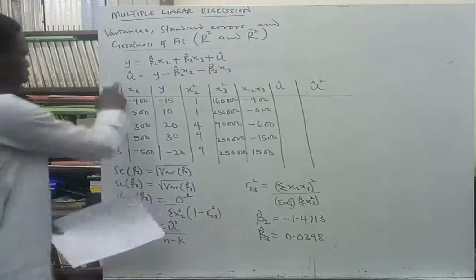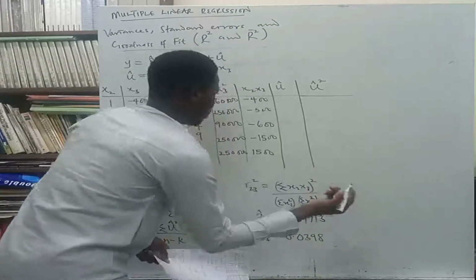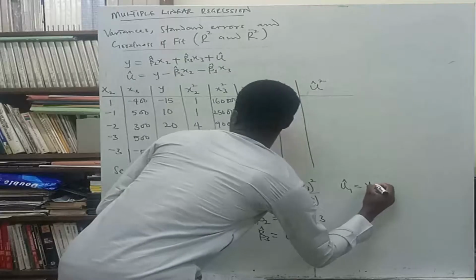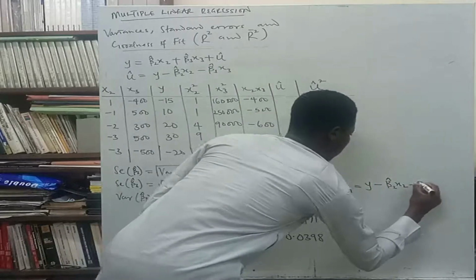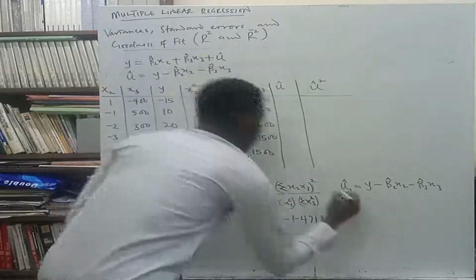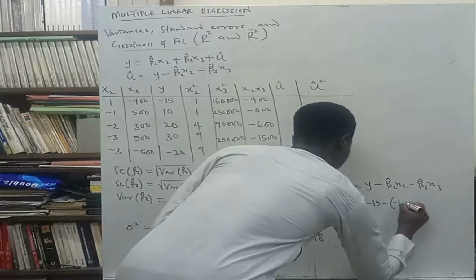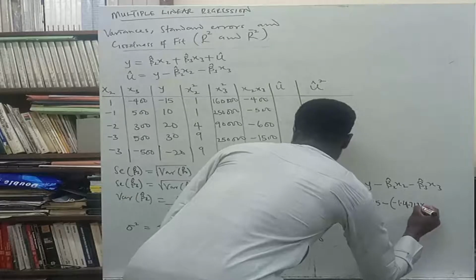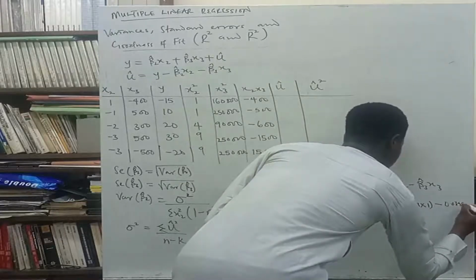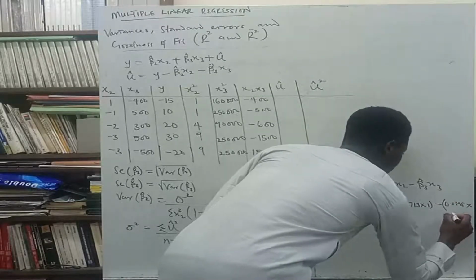So what do we need to do? We need to get our u hat. For the first one, I'll just be doing the first one, then I'll leave you to do the remaining ones. So for u hat, for the first one, we have it to be y minus beta 2 hat x2 minus beta 3 hat x3. What's the value of y here? Minus 15. Minus 15 minus, our beta 2 is minus 1.4713 multiplied by our x2, which is 1, minus 0.0398 multiplied by our x3, which is minus 400.